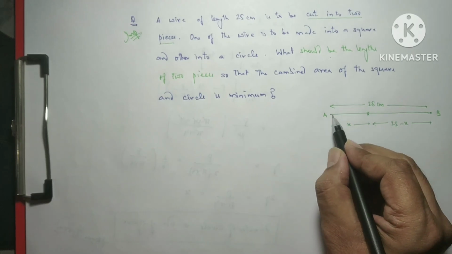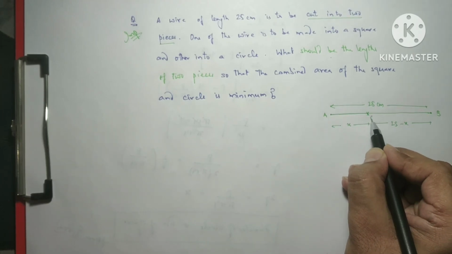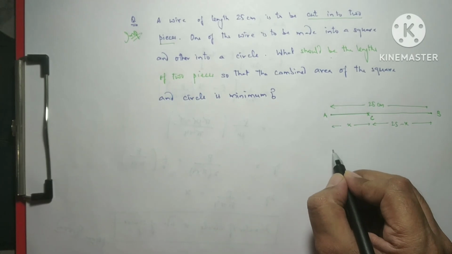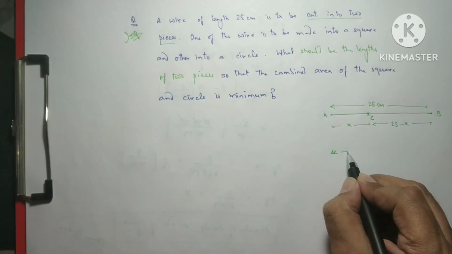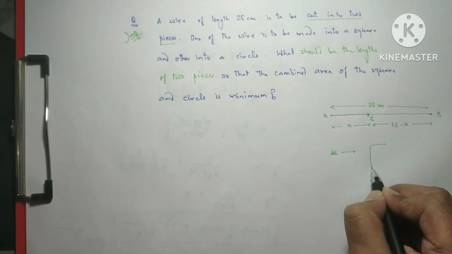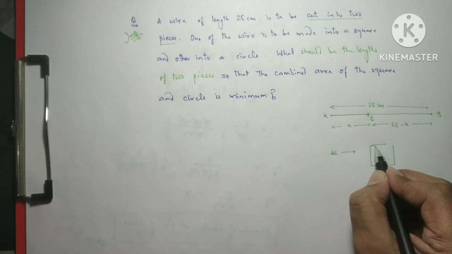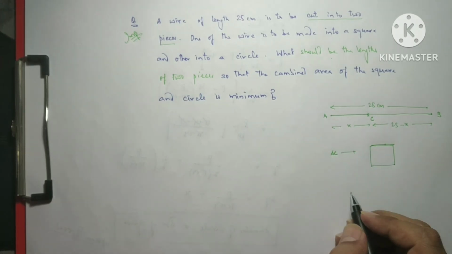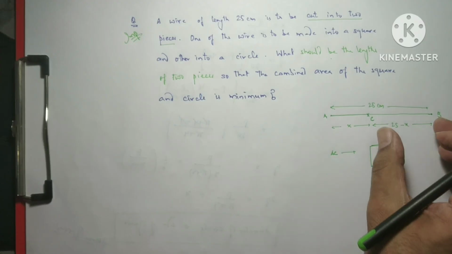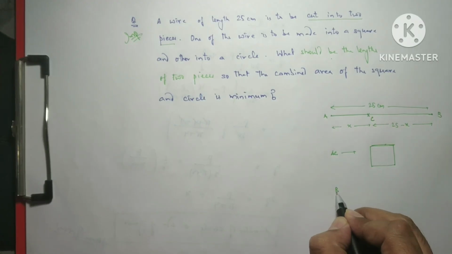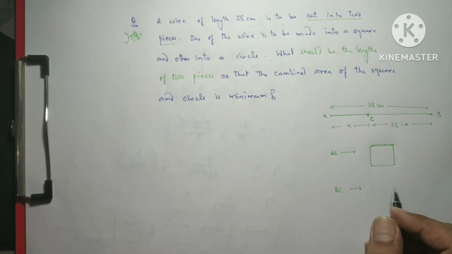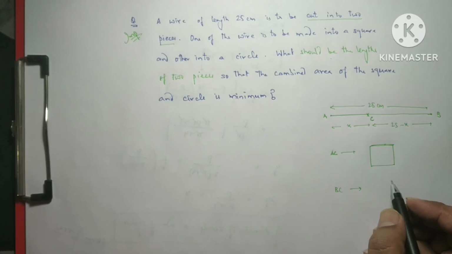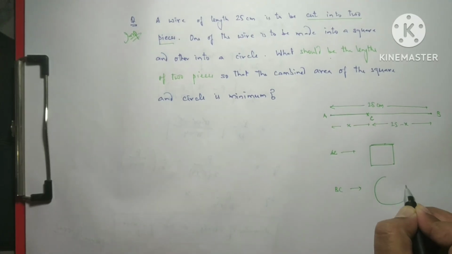So the part AC will convert into a square whose total length is x, and the part BC is forming a circle.